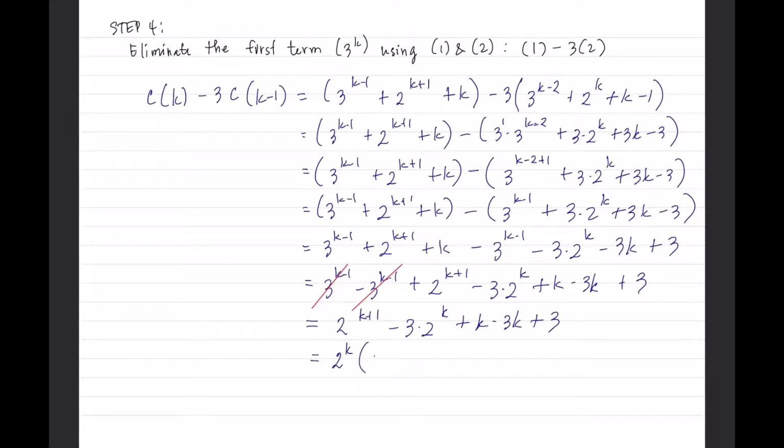So we continue solving this. We factor out the common factor between 2 raised to k plus 1 and 3 times 2 raised to k. That would give us 2 raised to k, that's the factor. Then what is left is 2 minus 3. Then we copy the other terms.